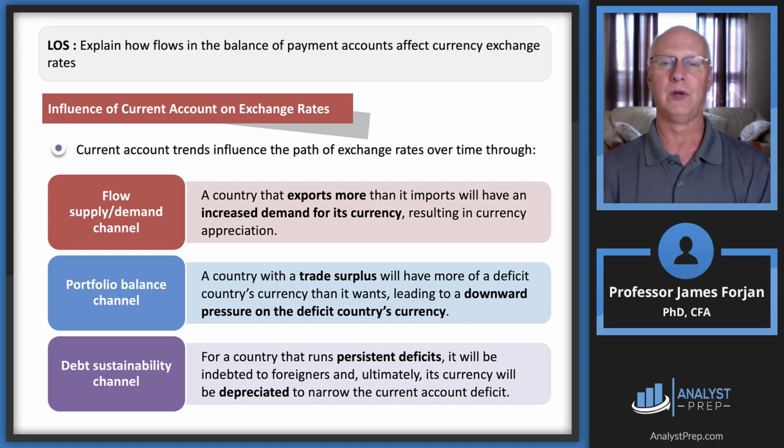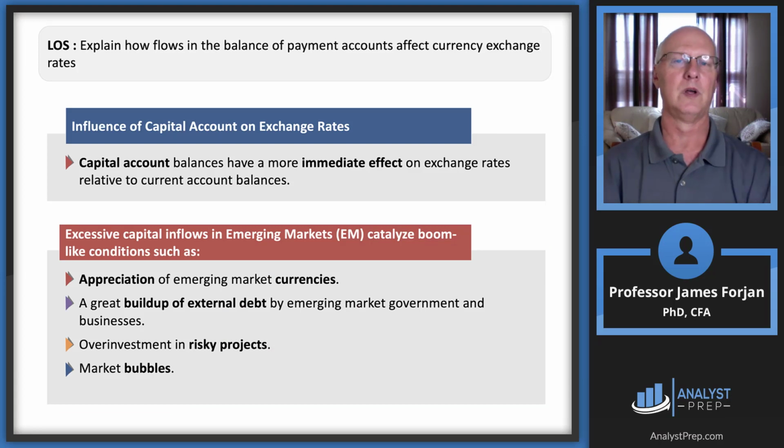And then, of course, we can't even begin to talk about exporting and importing and all this kind of stuff about debt. So for a country that runs persistent deficits, it will be indebted to foreigners, and ultimately its currency will be depreciated. Okay, so we've got countries borrowing in this market that's going to lead to change in the value of the currency.